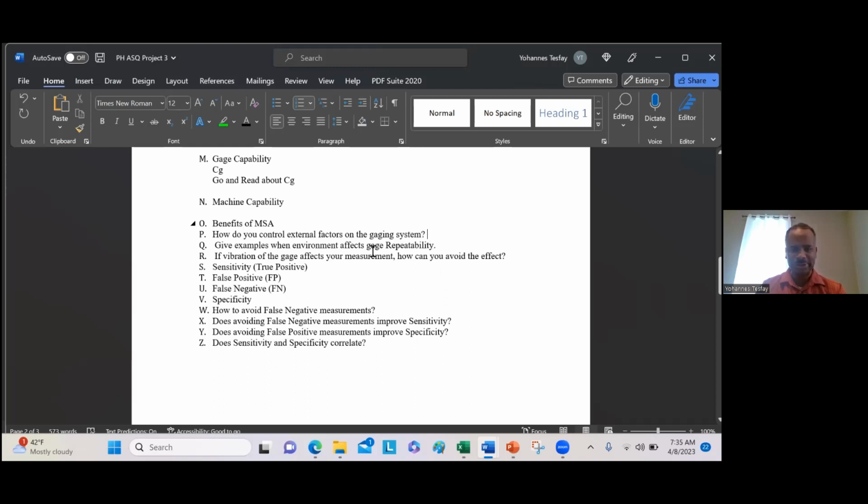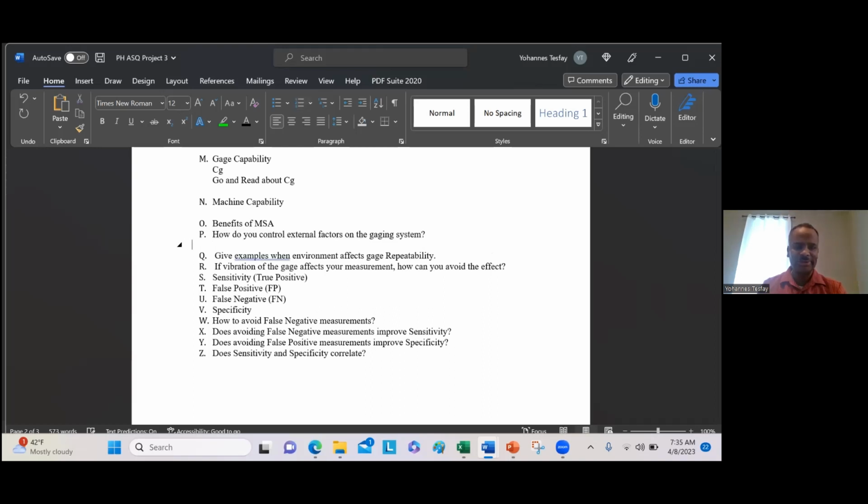This is through experiment, performing experiment, using design of experiments. Then the next step is how to detect them: by taking calibration equipment.